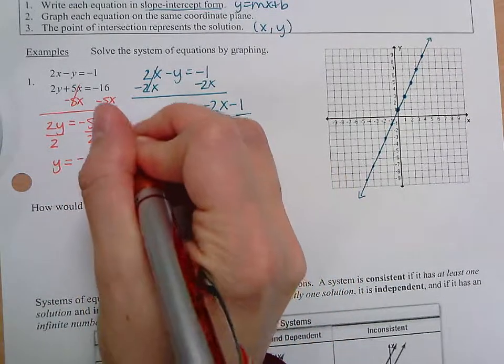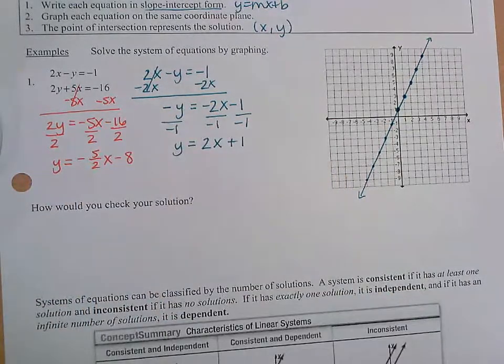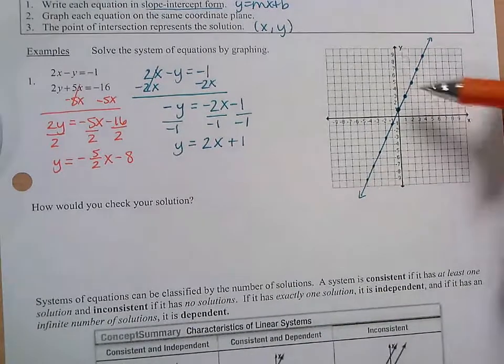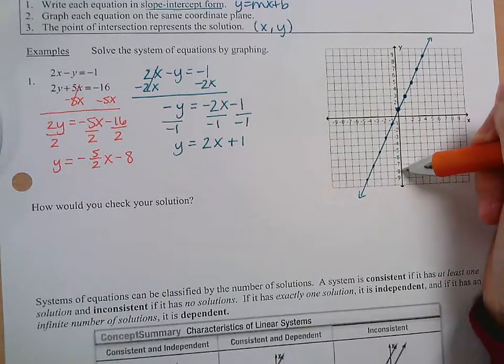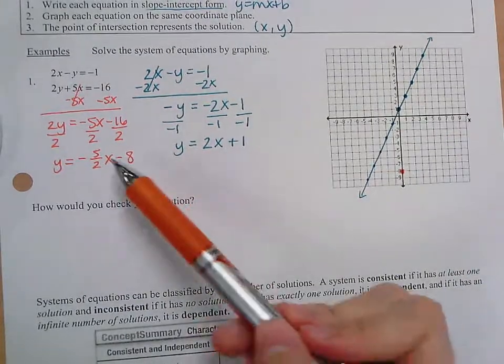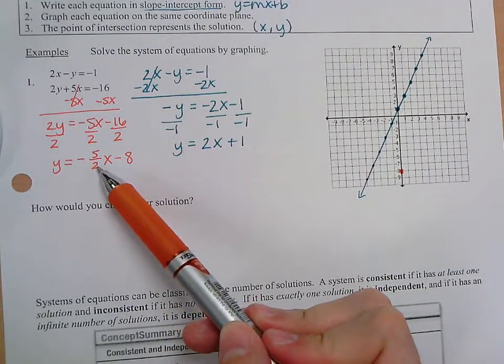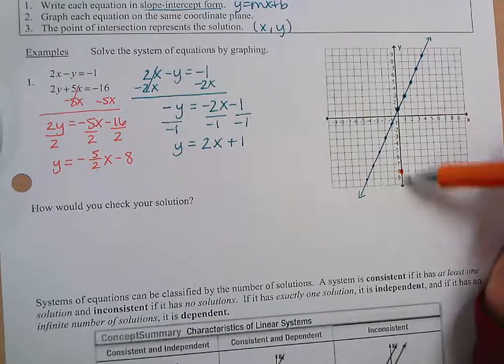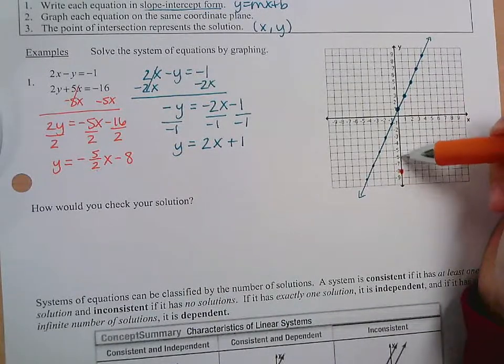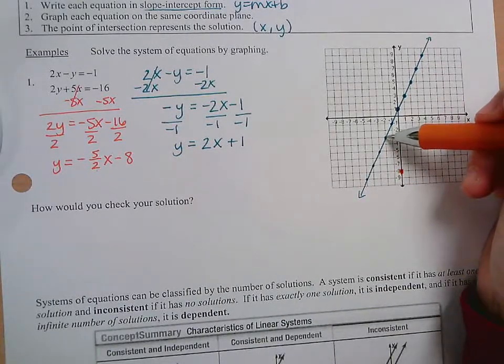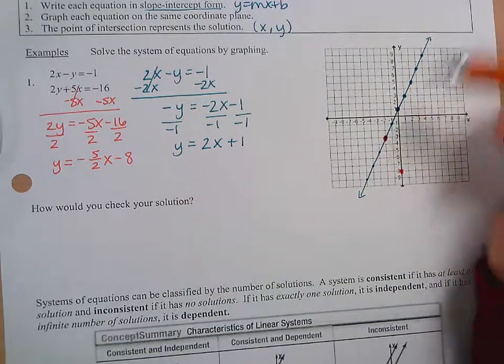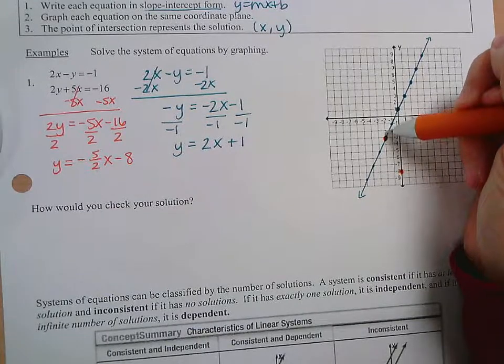And then minus 16 divided by 2 is 8. So on the y-axis, start at negative 8. And then normally with negative 5 over 2, I would go down 5, right 2. But since that'll be off my graph, I'll go up 5 and then left 2. And then I can see already where they intersect. I'm going to make one more point here, though.